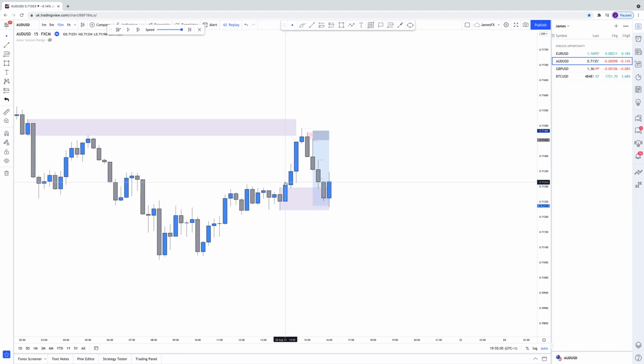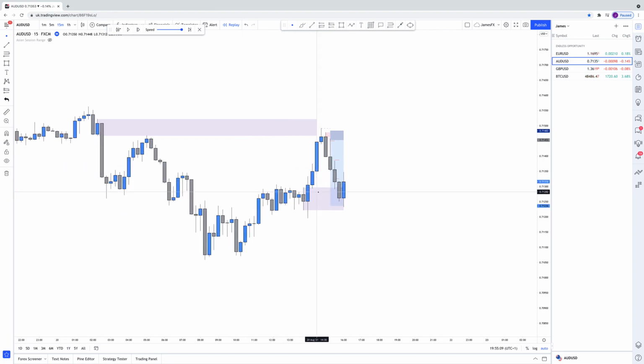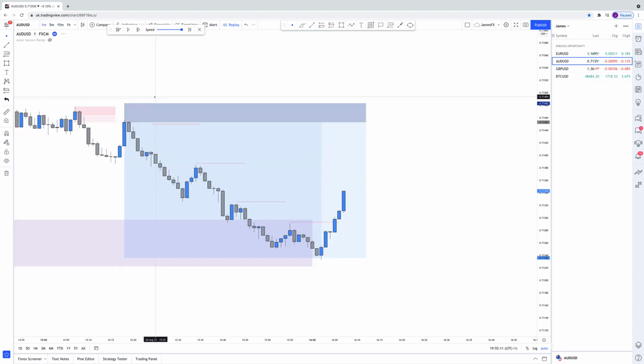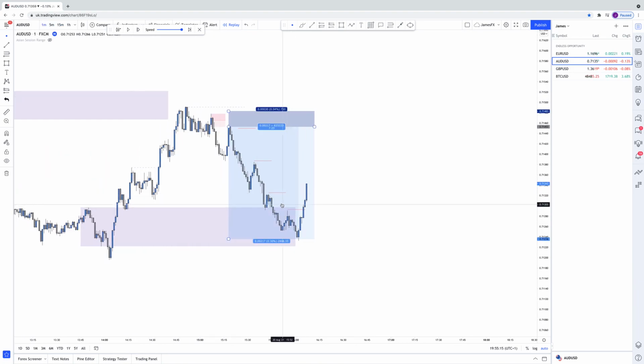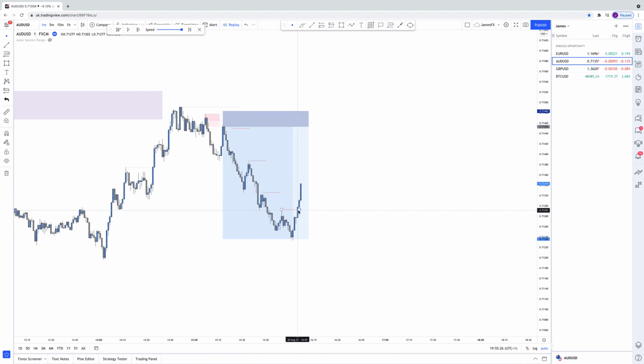Although we did already push up above the high, I would class this as a break of structure. As you can see, price came into that area and we've broken structure. So we know that we are at a 15-minute sort of demand. We've broken structure, and this isn't really a trade I would be personally looking at.